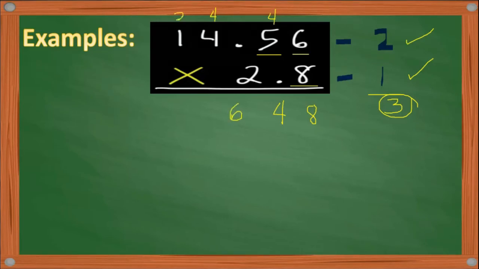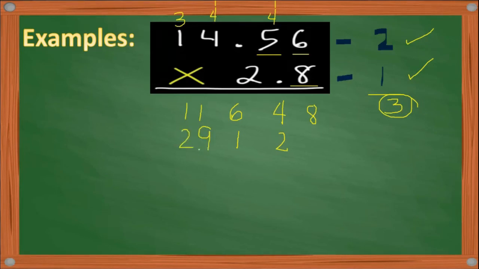And then 8 times 1 is 8 plus 3 is 11. And then let's proceed to the next number on the left. 2 times 6 is 12. 2 times 5 is 10 plus 1 is 11. And then 2 times 4 is 8 plus 1 is 9. And then 2 times 1 is 2.